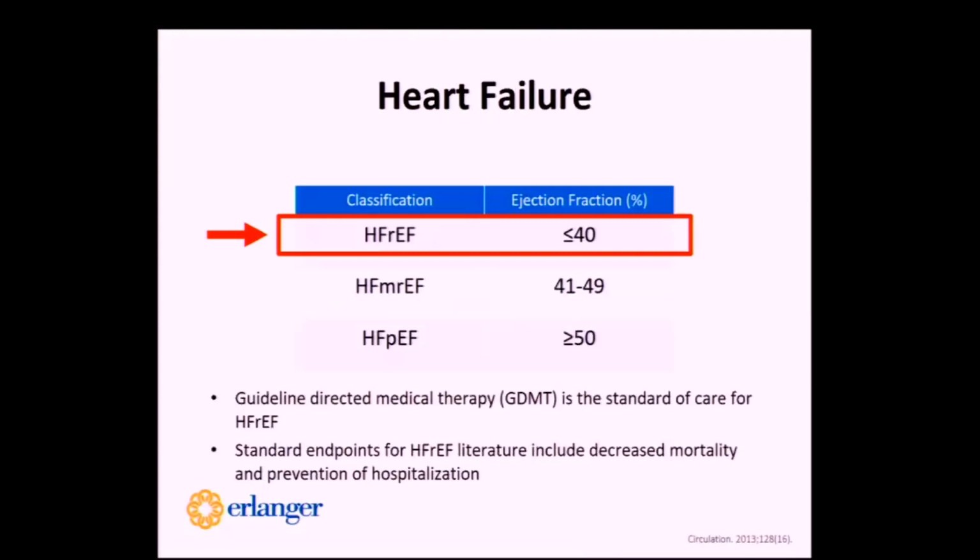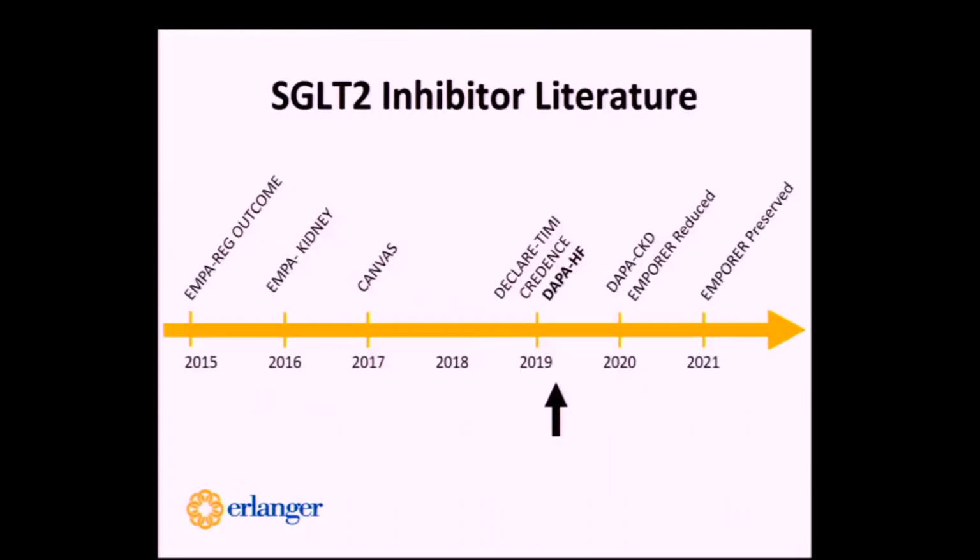And when we think about heart failure literature, the standard endpoints are decreased mortality and prevention of hospitalization. So just things to keep in mind as these SGLT2 inhibitors literature regarding heart failure come out. So if we backtrack to 2019, this is when the DAPA-HF trial came out.